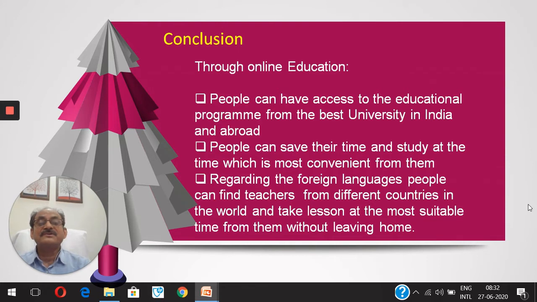Regarding foreign languages, people can find a teacher from different countries in the world and take a lesson at the most suitable time without leaving home. This third point is very important because some countries use their own language. For example, China, Japan, Russia, even Germany, they are not using English.